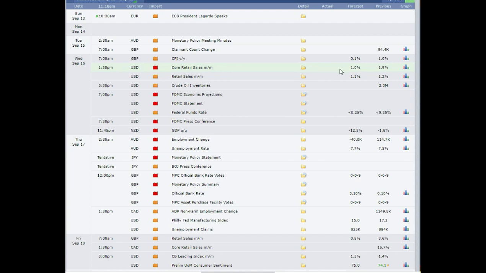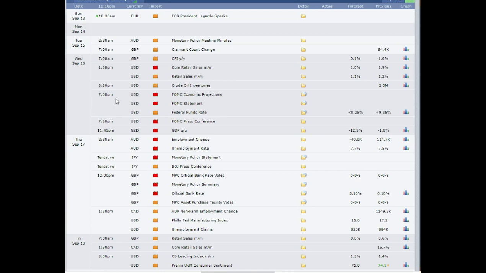So if the actual comes out at 2.5% or more, then you need to buy the US dollar. And if it comes out at a minus figure, a 0% or any minus figure, then you need to sell the US dollar.